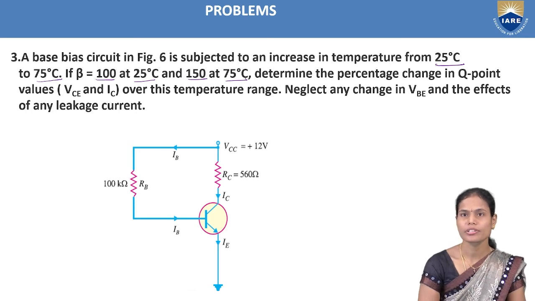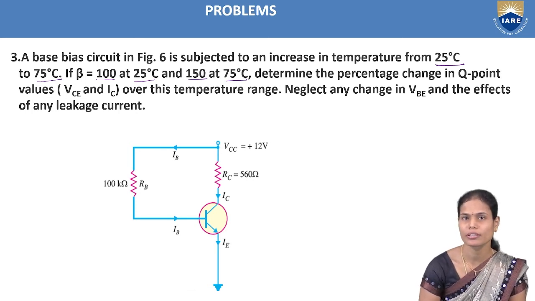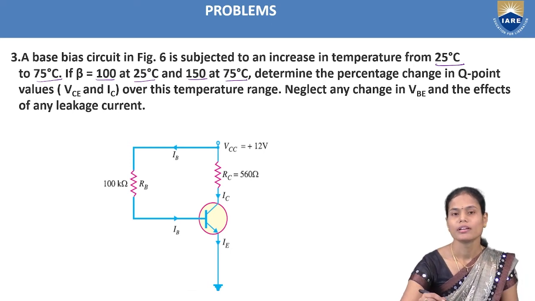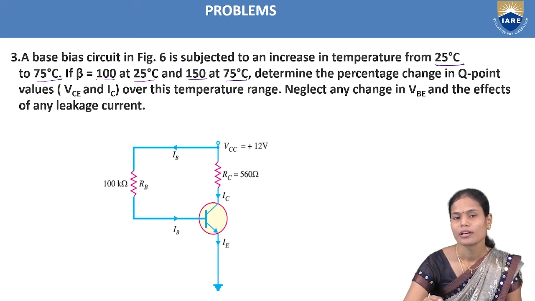They already mentioned two temperatures: at 25 degrees how much beta is there, and at 75 degrees how much beta is there. Determine the percentage change in Q point values. We have already mentioned the Q point is the values of VCE and IC. If the IC value is varying, the Q point will also vary.